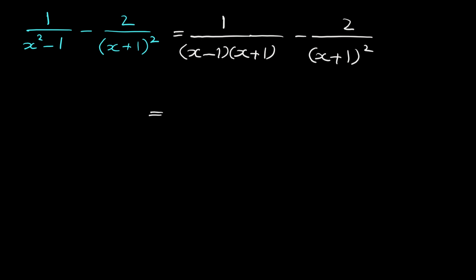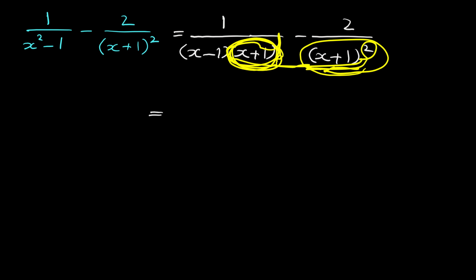But what about the first fraction? If you pay attention, here we have x plus 1 to the power of 2, but here we have only x plus 1 to the power of 1. So to make this similar to this one, we multiply the numerator and denominator of this by another x plus 1.